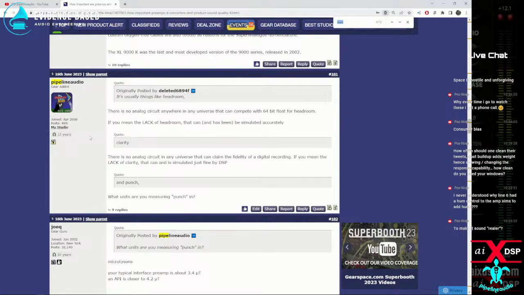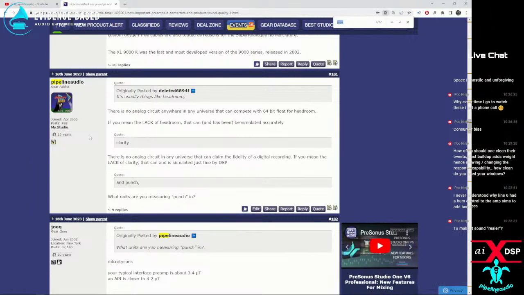Believe it or not, if you don't believe me, take a guitar cable and plug it between your amplifier and your speaker, and see how loud you can go before that cable fries. Okay, so yeah, there is no analog circuit anywhere in any universe that can compete with 64-bit float for headroom. If you mean the lack of headroom, that can and has been simulated accurately.